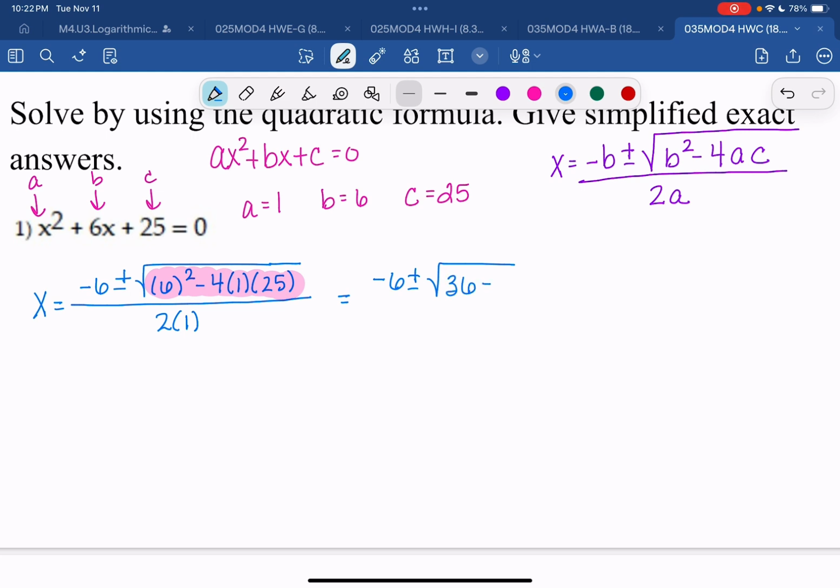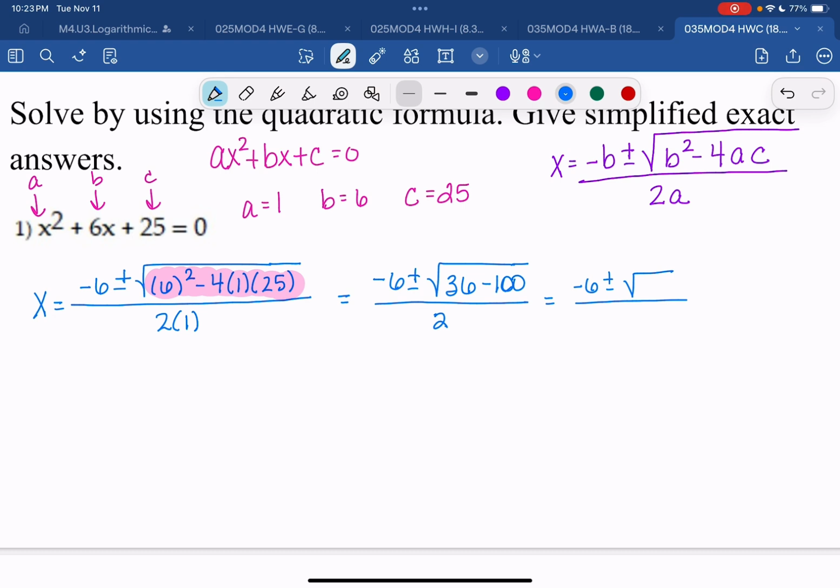Then the minus 4 times 25, we would do that part next. So 100. I would start by taking it slow, one step at a time. The more comfortable you get, you can do a little bit more at a time. But especially when it says give an exact answer, just be careful.